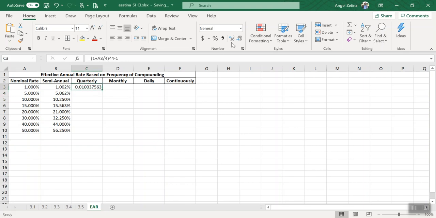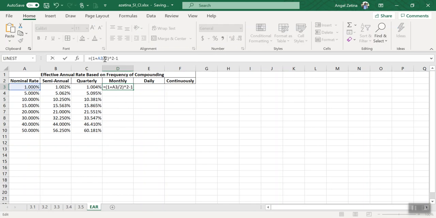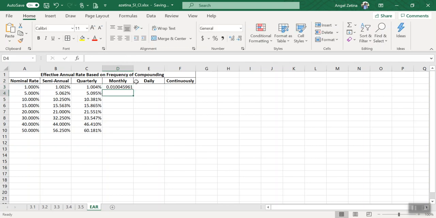Repeat the same process, change the percentage, increase the decimal places, drag down, repeat the same thing for monthly. So we enter 12 here, the 12 minus 1, percentage, increase the decimals, drag down.